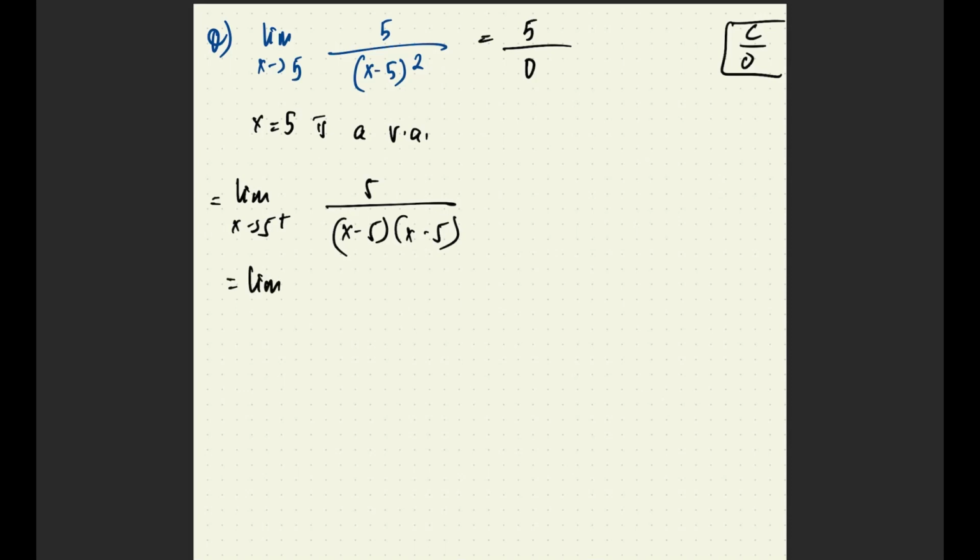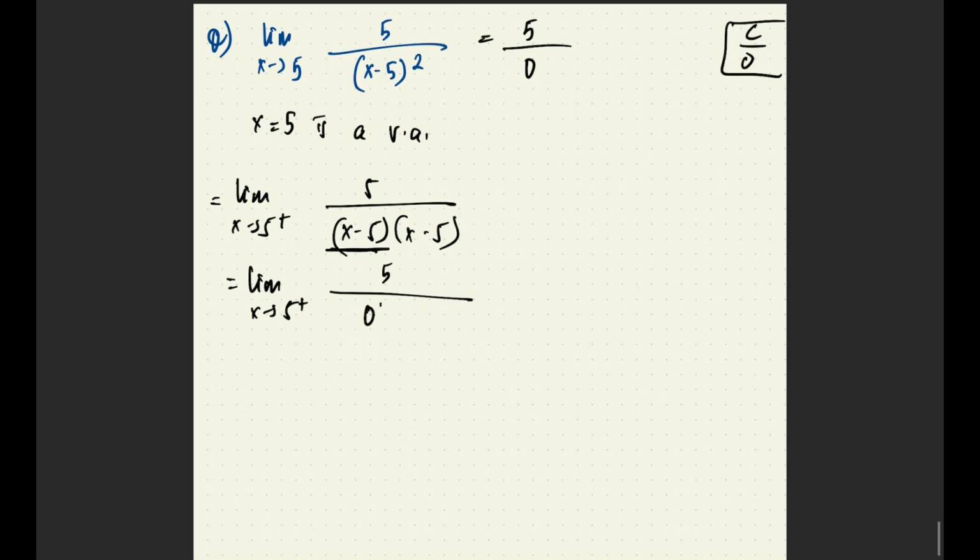So now, as we are approaching 5 from the right hand side, we know that the x value is a number that is slightly, in the slightest terms, greater than 5. So this part over here is going to be a very small but positive number, right? Because a number that's slightly greater than 5 minus 5 is a very small positive number.